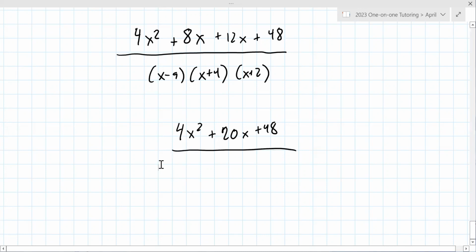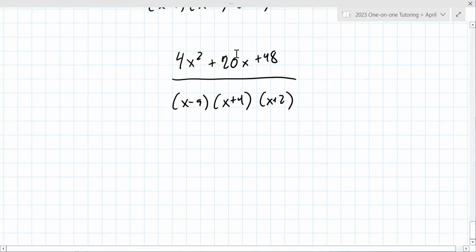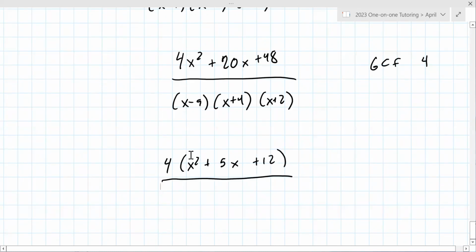All right, and just to be sure here, we should factor the numerator as much as we can to see if there's any other further simplifications. There's a GCF, greatest common factor of 4 in the numerator. So that's x squared plus 5x plus 12. But the nice thing is that this does not factor.